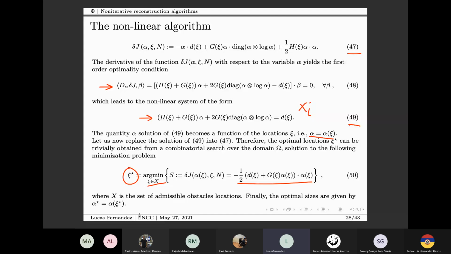And finally, the optimal size of the obstacle, which we denote by alpha star, is simply the alpha corresponding to the optimal location psi star, okay?